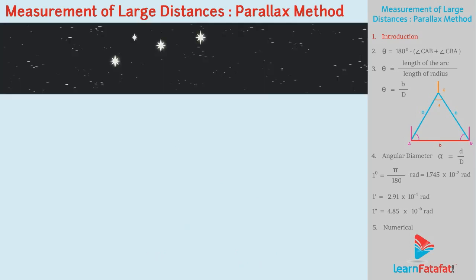Consider that Pankaj needs to find the distance of a pole which is at far point C. For this, he took two points, point A and point B. The distance between these points is b.